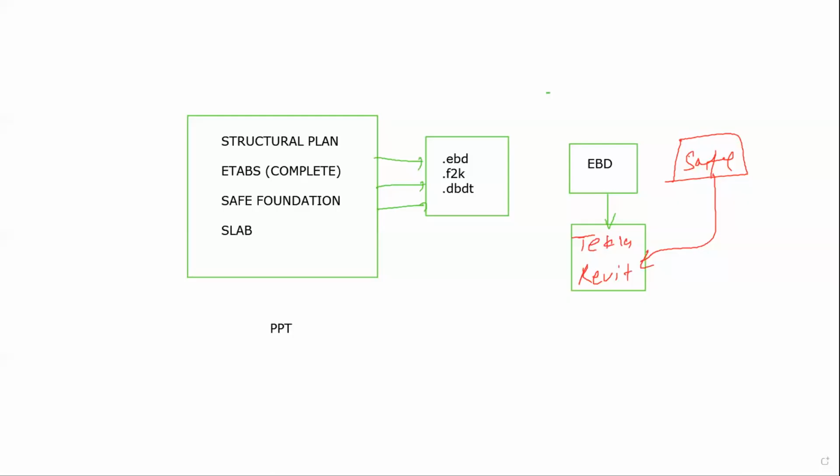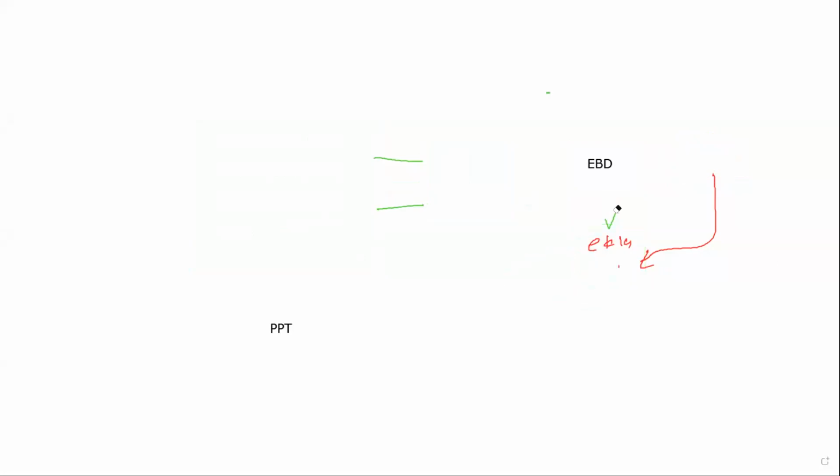And there are some precautions that you need to keep while analyzing the file and exporting, importing the file, because lots of times the candidates get confused or they have errors in the model. So what type of precautions do you have to keep in your mind whenever you are finalizing the structure or the model? You have the complete ETABS model.